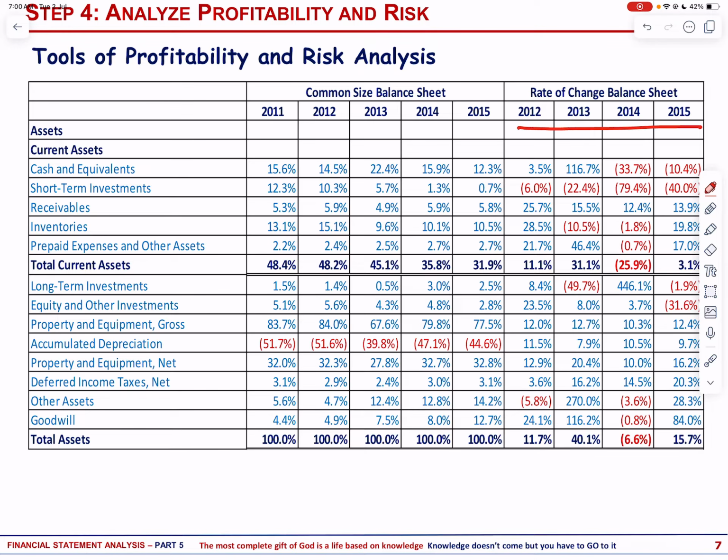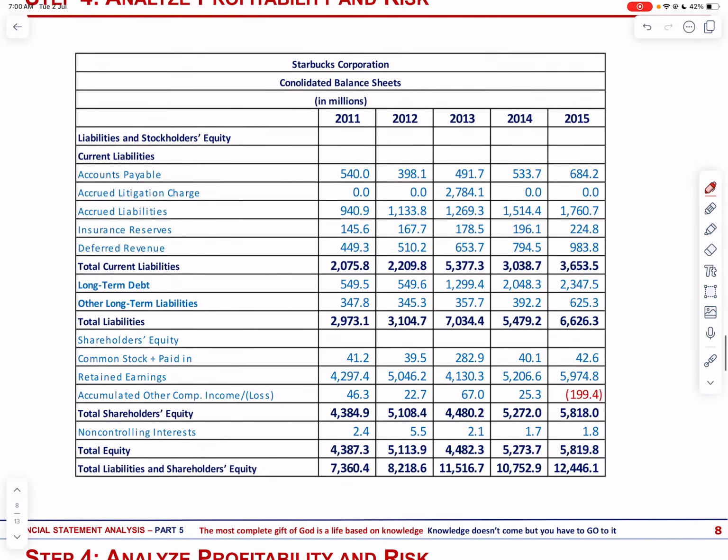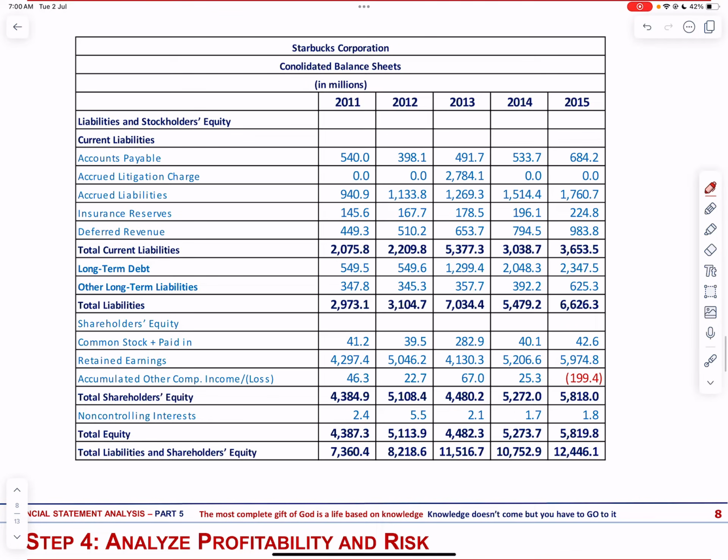You can notice significant increases in assets like goodwill, indicating substantial changes in this category over the years. Long term debt shows some of the largest percentage increases amongst the liabilities.